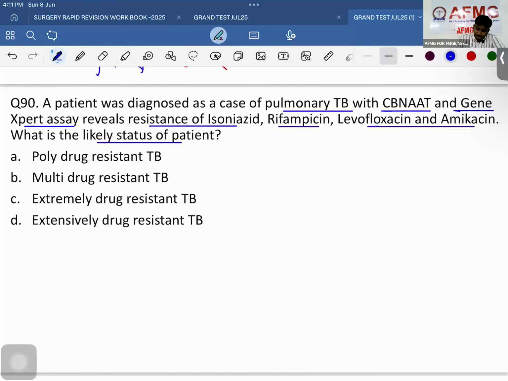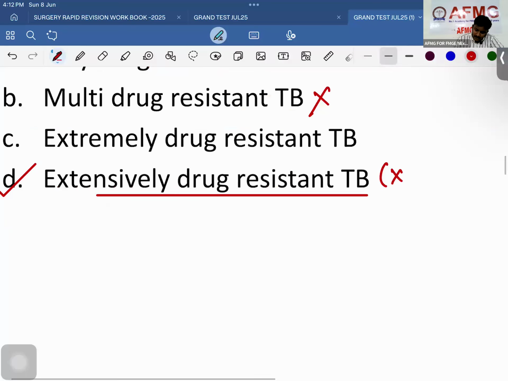Tell me. So we know that if only isoniazid and rifampicin were resistant, I would have said it is a case of multi drug resistant TB. Okay, but here it is levofloxacin, which is a fluoroquinolone, and amikacin also. So answer has to be option D, that is extensively drug resistant TB, that is XDR TB.